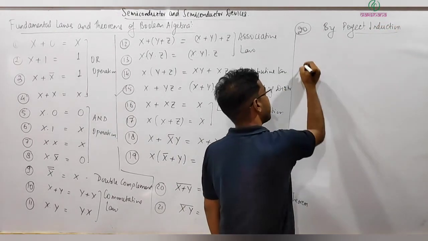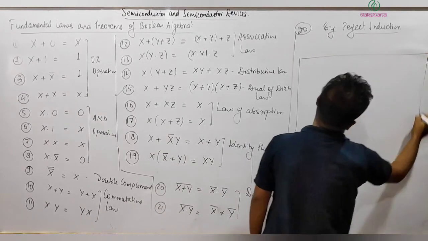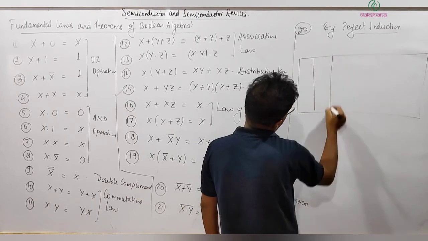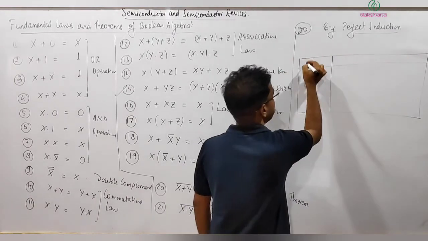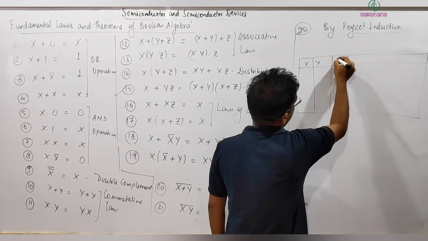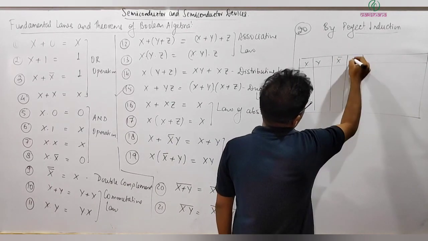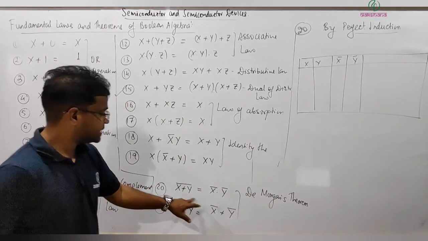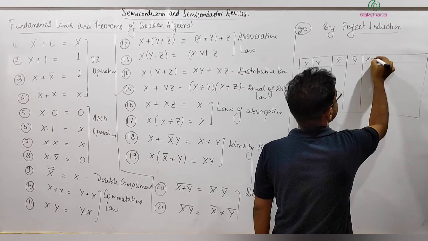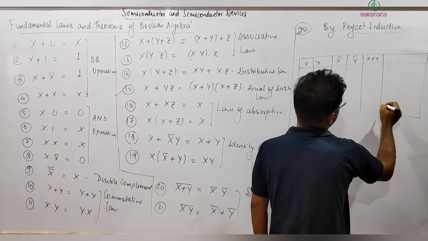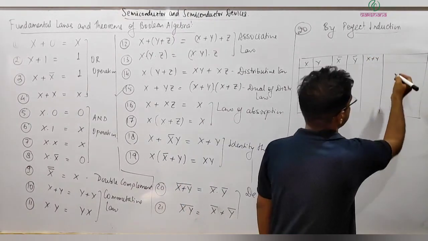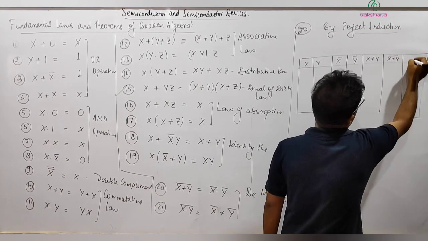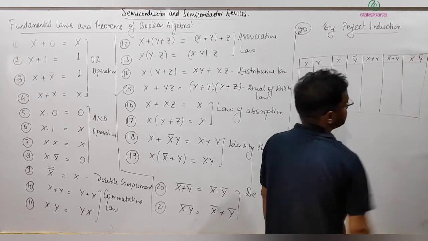So here this is x, y, x naught, y naught. Then what do we need here? x plus y, and we will also need x plus y naught and x naught dot y naught.